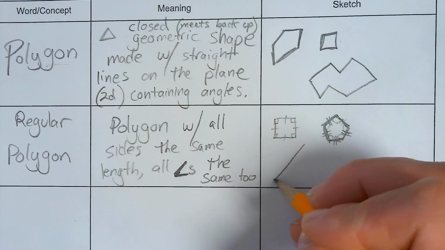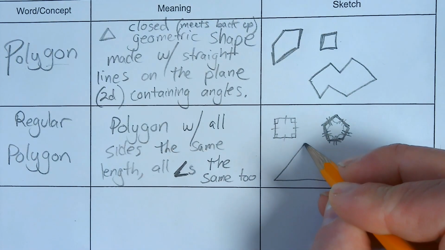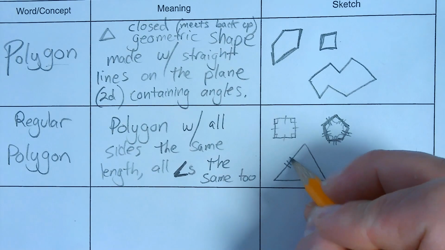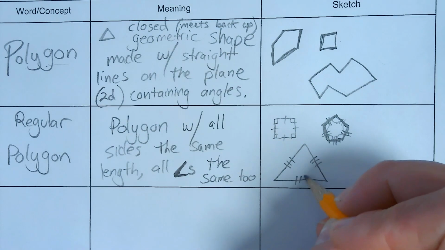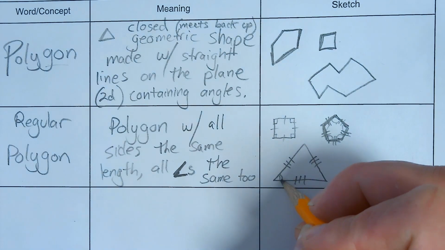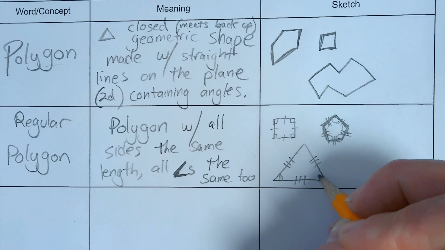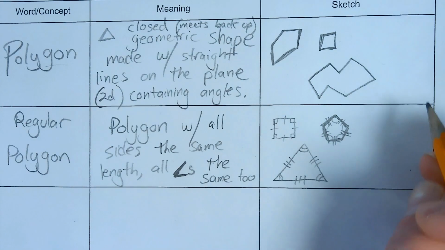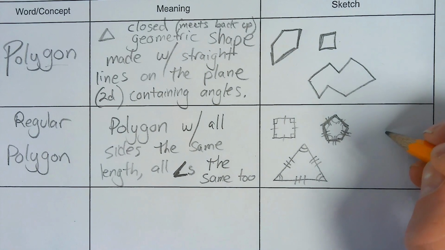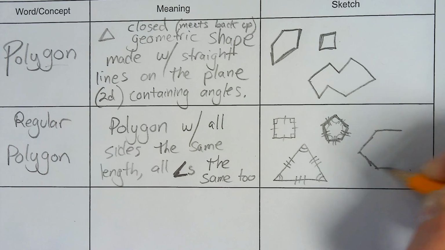Okay, we can do a triangle. An equilateral triangle is a type of regular polygon. And of course, everyone's favorite, the hexagon. Oh, not looking very regular.